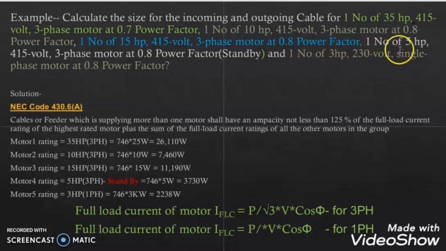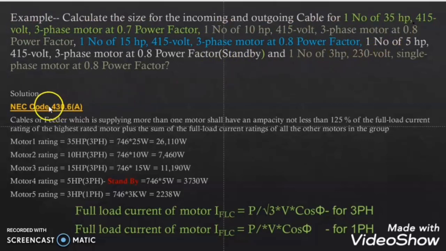The fourth motor is one number of 5 HP 415 volt 3 phase motor at power factor 0.8, which is a standby motor. And the last one, the fifth, is one number of 230 volt single phase motor at 0.8 power factor. From the example, it is very clear that we have a group of motors which have different ratings.